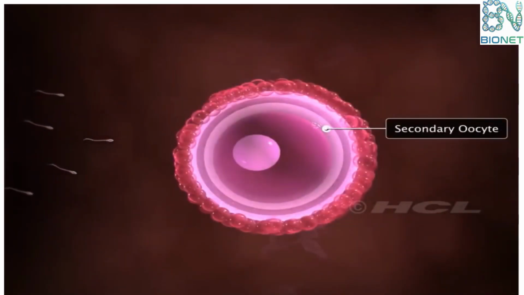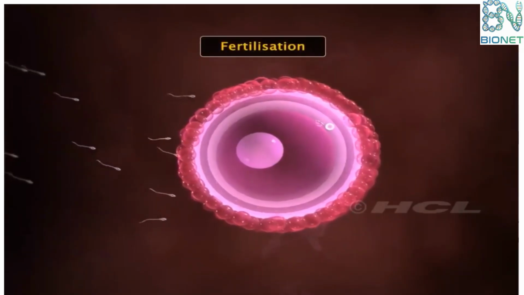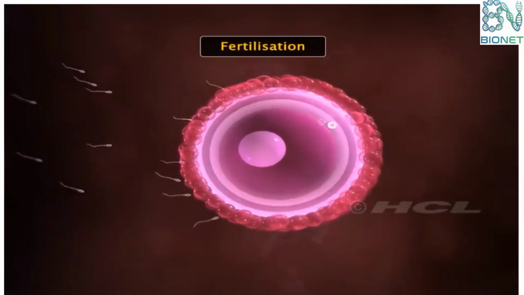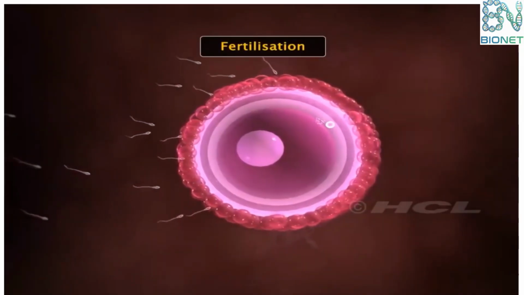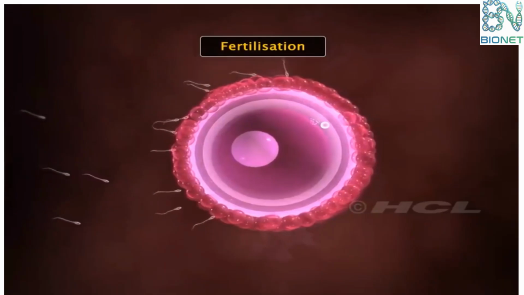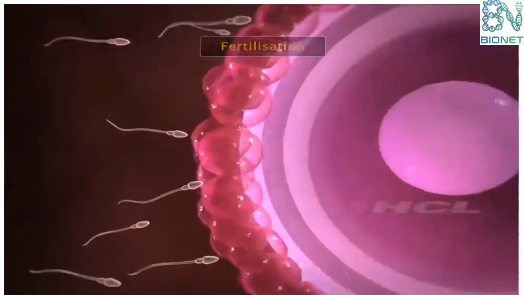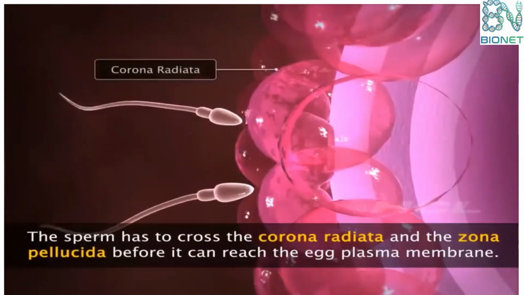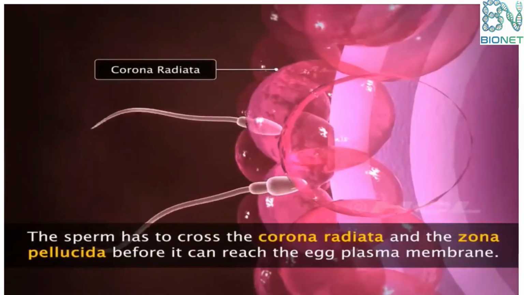The sperms arrive to the oocyte 2, which is still blocked at metaphase 2. The fusion of a sperm and an ovum is known as fertilization. The sperm cell has to cross the corona radiata and the zona pellucida before it can reach the plasma membrane.